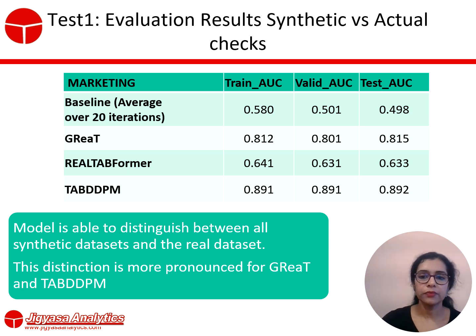In case of REaLTabFormer, we have training AUC of 0.641, validation AUC of 0.631 and test AUC of 0.633. In case of TabDDPM, training AUC and validation AUC are 0.891 and test AUC is 0.892. The interpretation from the above results is: the model is able to distinguish between all the synthetic datasets and the real dataset. This distinction is more pronounced for GREAT and TabDDPM.